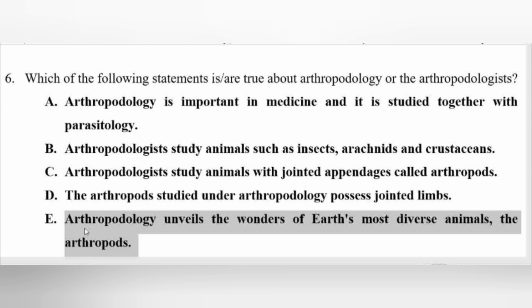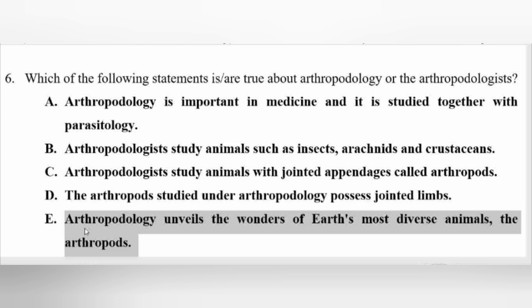And we say that biodiversity is our insurance for the future as humans. And the arthropods are a key resource. The insects, for example, wow, incredible.